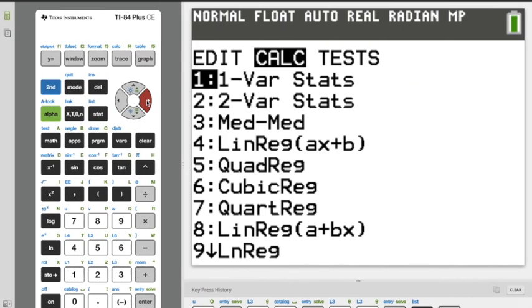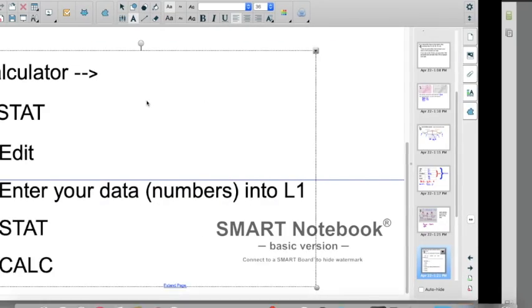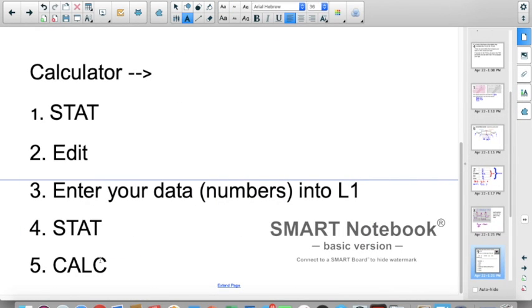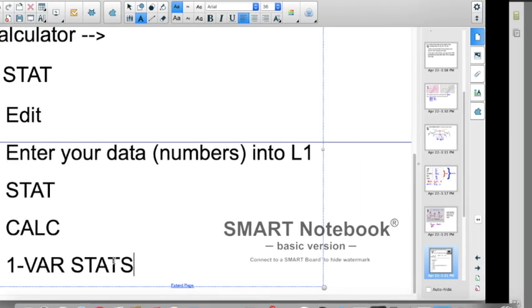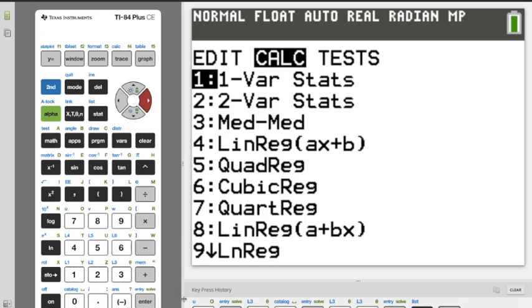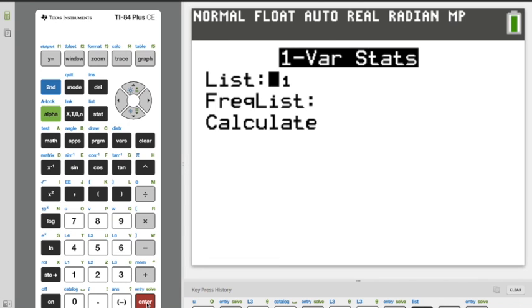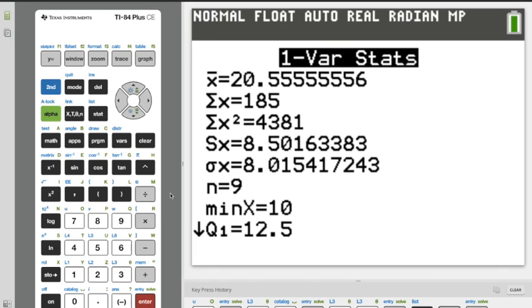So we hit the over button. And step 6, hit one var stats. First one we see. Enter, enter, enter, calculate. And again, it brings up this nifty list of numbers.